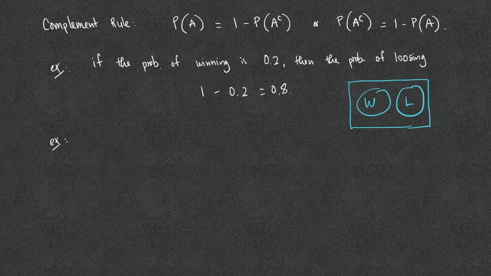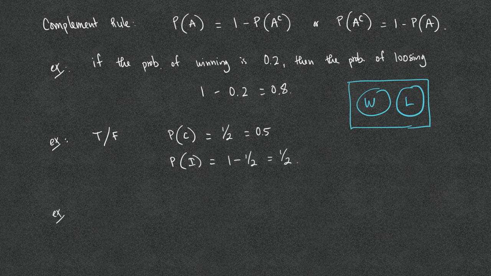Another example, if we take a true-false question quiz, the probability of guessing a correct answer is 1/2 or 0.5. The probability of getting an incorrect answer is therefore 1 minus 1/2 or 1/2.